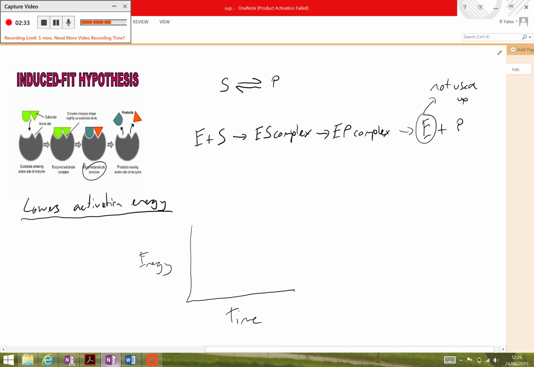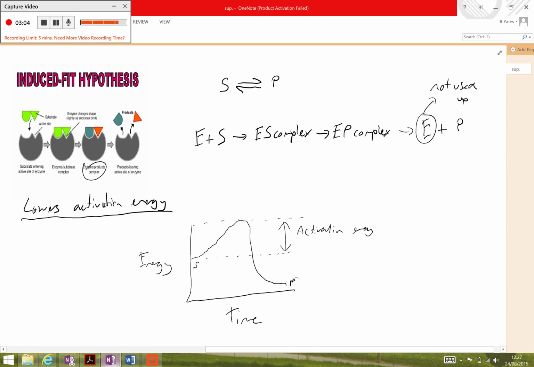So a normal reaction, what would happen is you'd heat it up, and your substrate would be here, you'd then have your products down here, basically. This here is your activation energy. So that is the energy you need basically to put in order to get your products.